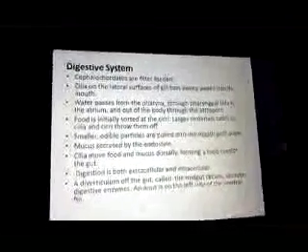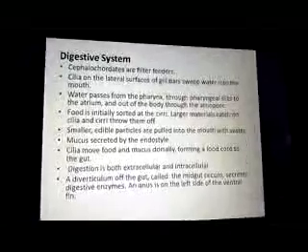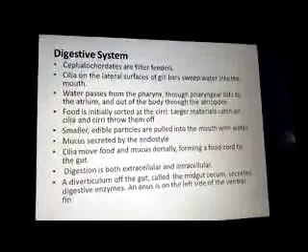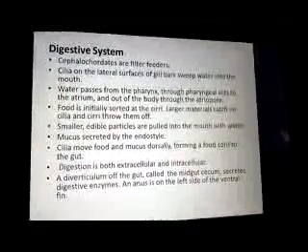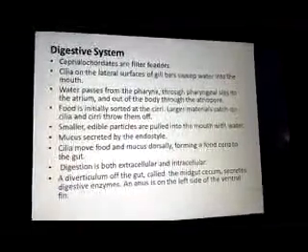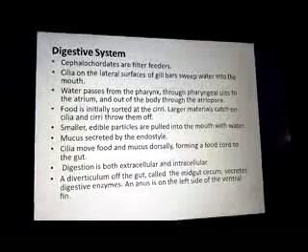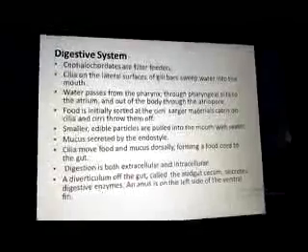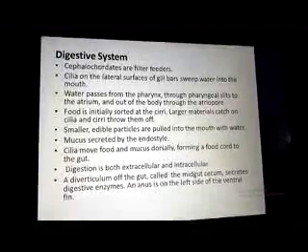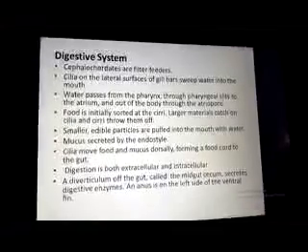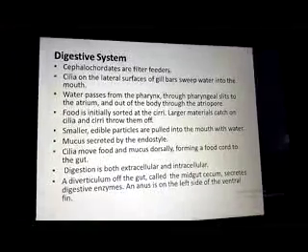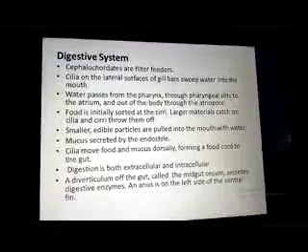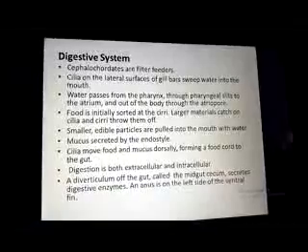Now about the digestive system. Cephalochordates are filter feeder animals. They filter organic molecules or plankton present in the water. Water enters through the mouth into the digestive system from the oral hood side, where cirri are present. Cirri distinguish between large particles and small particles.